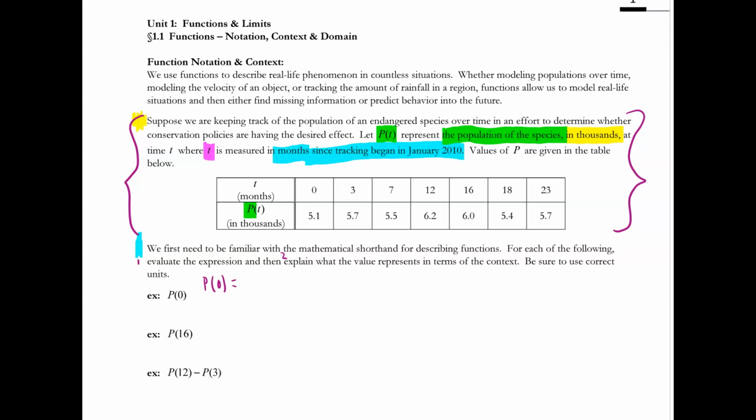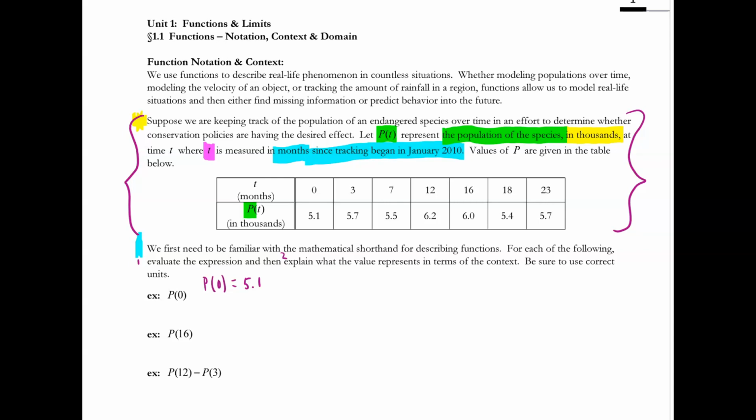All right, so P of 0 equals, we can go to our table, P of 0 equals 5.1. For the evaluate piece, that is all you need to write. We don't need to interpret. You don't need to say 5.1 thousand. You don't need to turn that into 5,100. It's just 5.1.